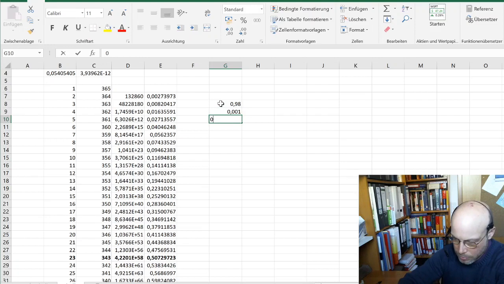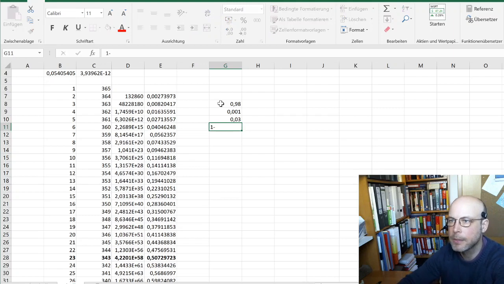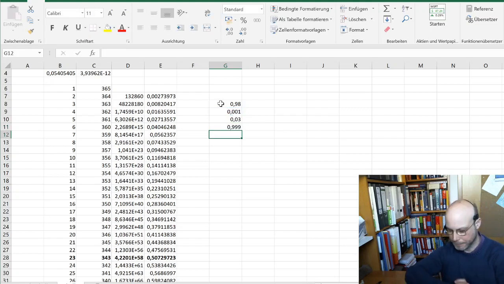We need 0.03. And we need 1 minus 0.001.